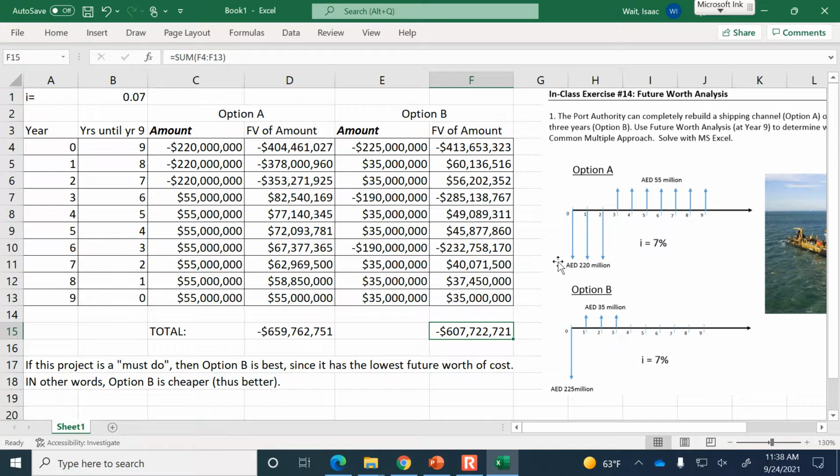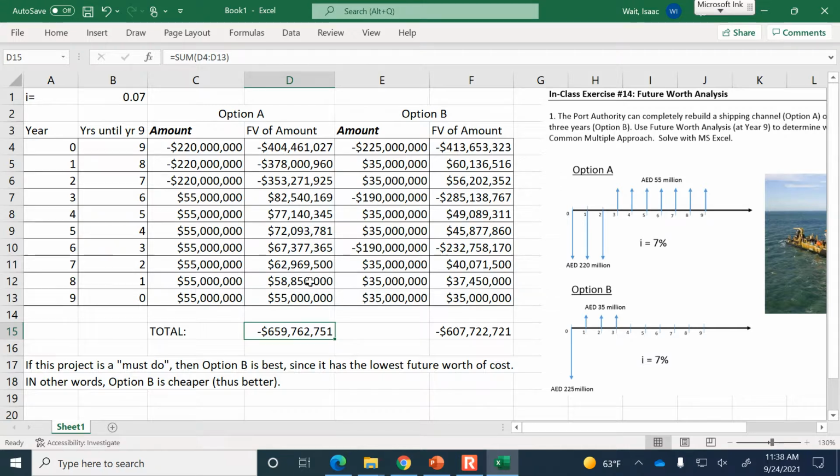It's not an option of letting the channel silt up. So the project has to be done, and so the decision criteria is you choose the alternative that's the lowest cost. And $607 million of cost is better than $659 million worth of cost.